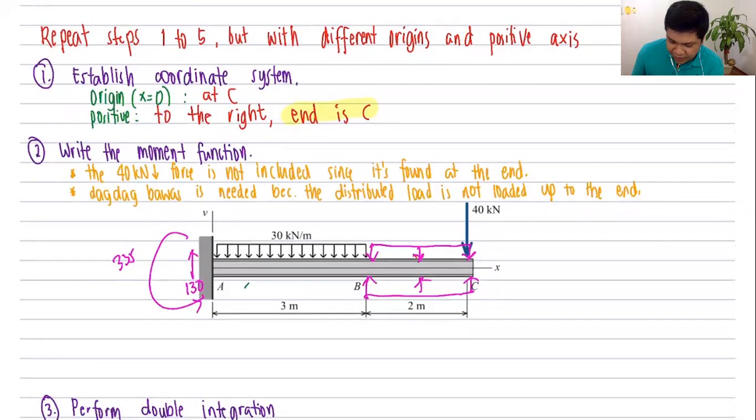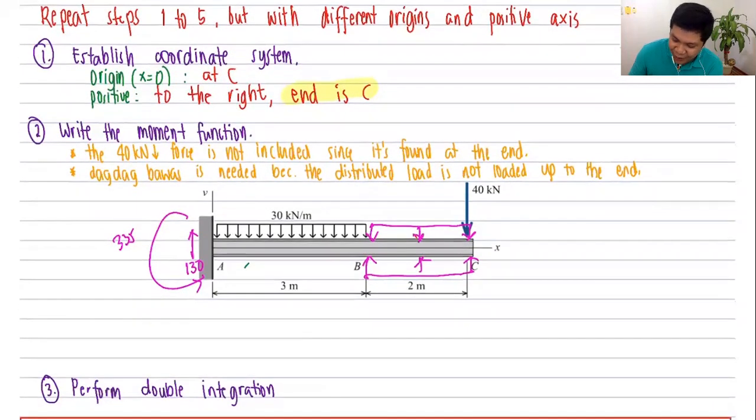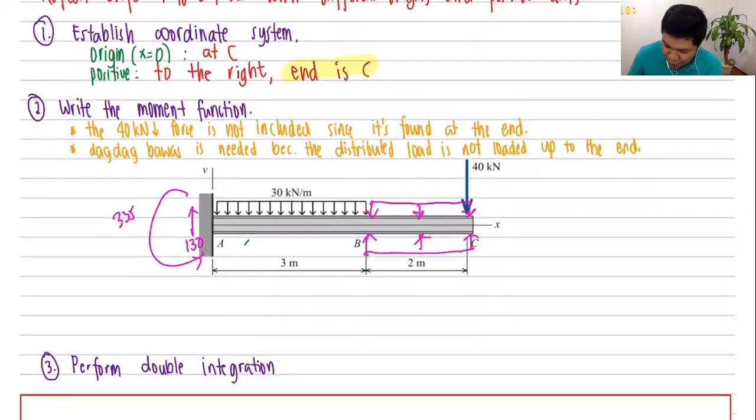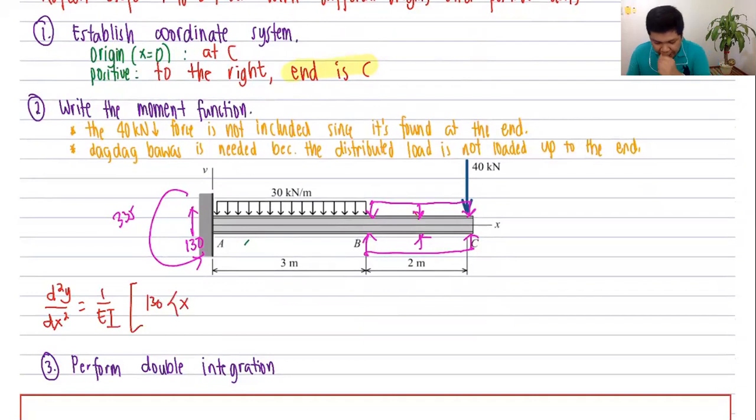Now, I can now write the moment function. So the moment function here is d squared y over dx squared is equal to 1 over EI. Let's start with the 130 kilonewton applied force, 130 times x minus a. But then again, where is my origin? Remember that my origin is at C. We have established that, and to the right is positive.